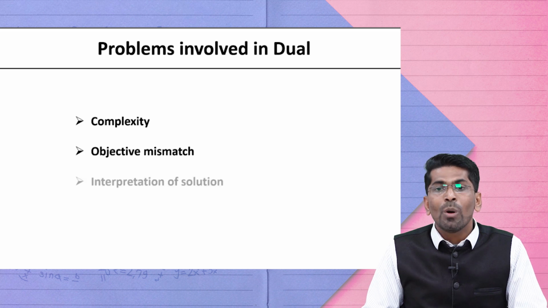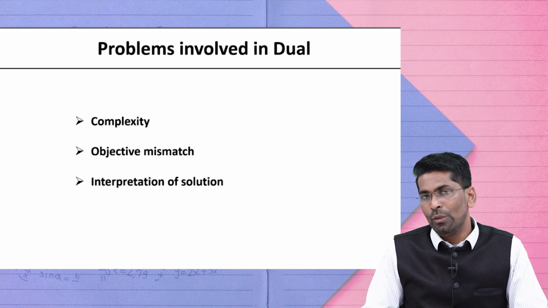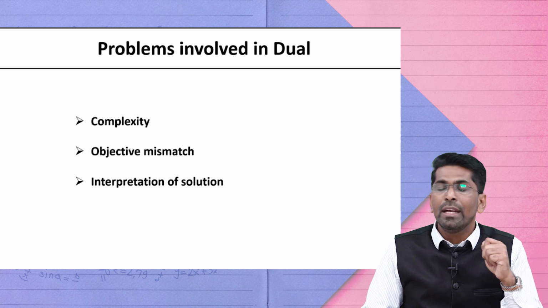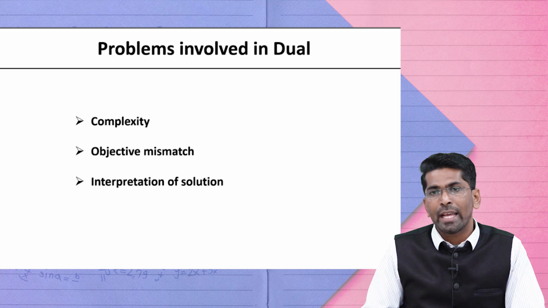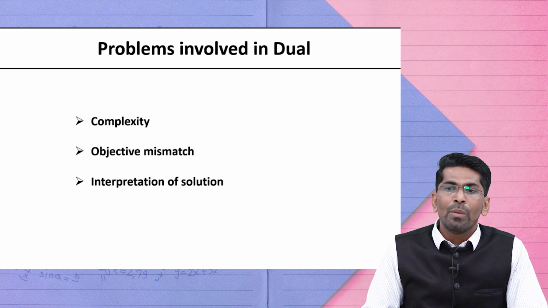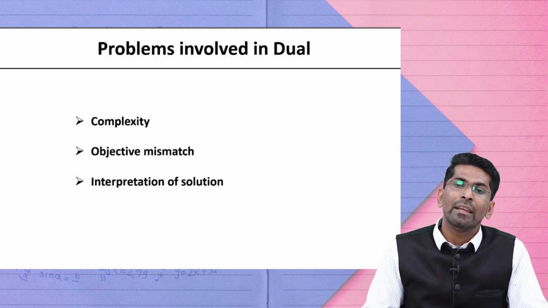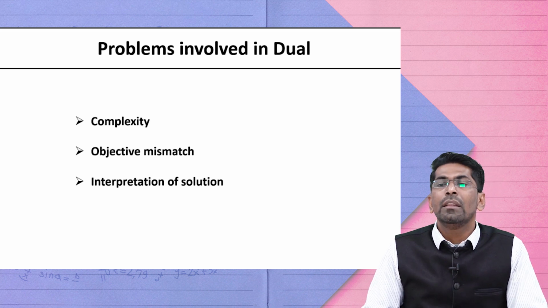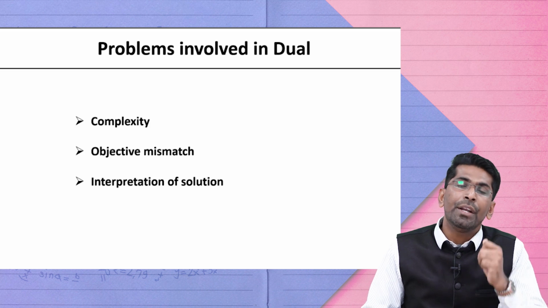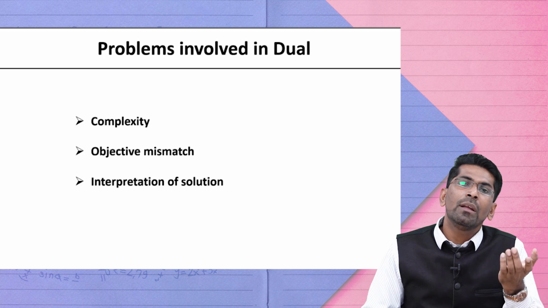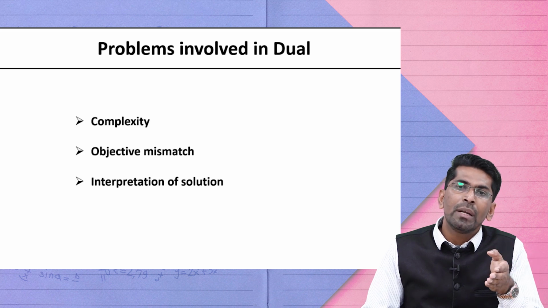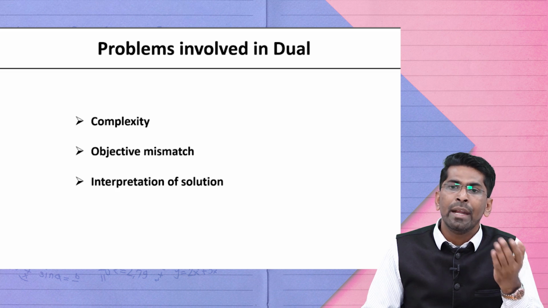Similarly, another problem is related to the interpretation of the solution. The primal problem and the dual problem might have different interpretations and implications as well. While the primal problem typically represents the decision making or optimization problem in its original context, the dual problem might have a different economic or operational interpretation. So if you go for interpreting the dual, it will lead to misrepresentation of the entire problem.